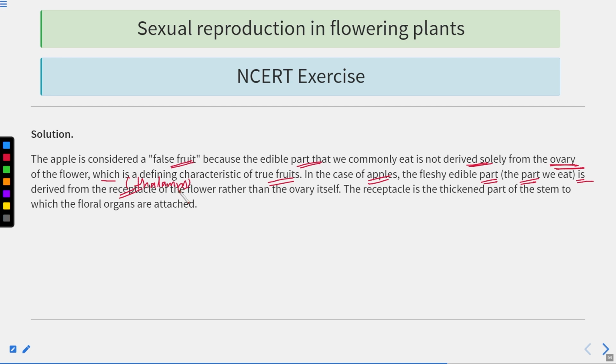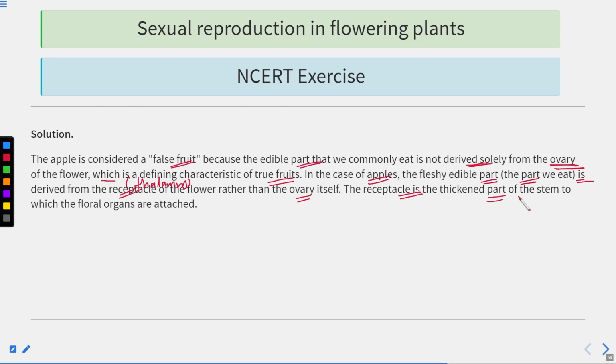So thalamus is the swollen part. Okay, it is the basal part. And on the thalamus, all the floral structures are attached, such as gynoecium, androecium, okay, sepals and the petals. Clear? So here the fruit is derived from the receptacles of the flower rather than the ovary. Now, what is receptacle? It is also known as the thalamus.